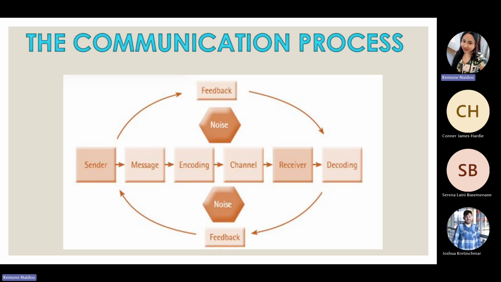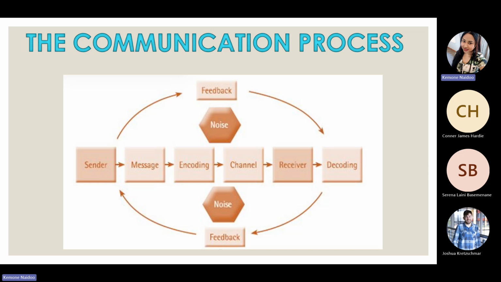Remember, the sender needs to encode a message that the receiver will understand. So you need to take into account the channel that it is going through. Maybe language could be an aspect. Also, the subject knowledge. Does the receiver actually know what the sender is trying to convey? Those are all elements of effective communication.